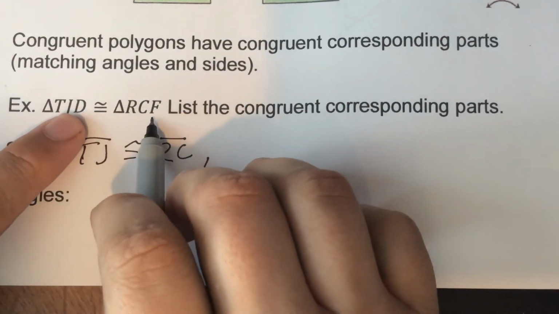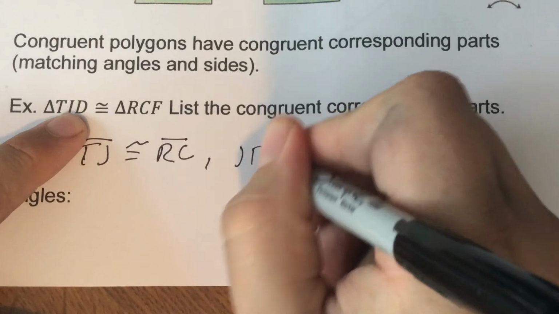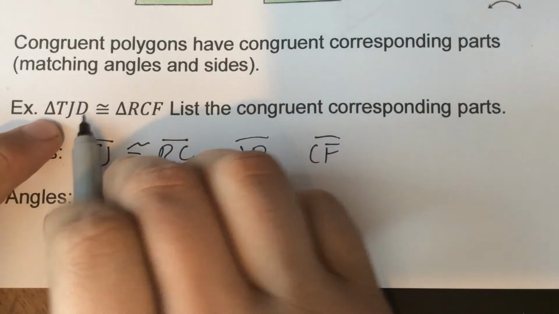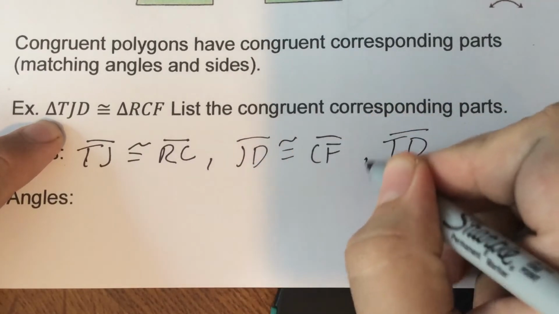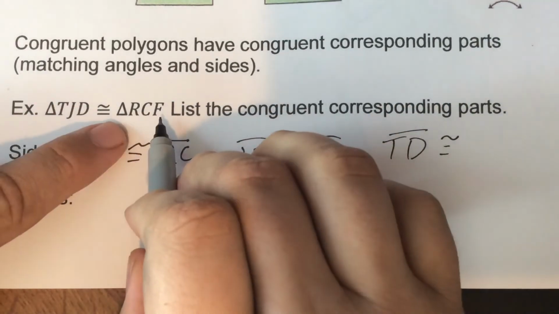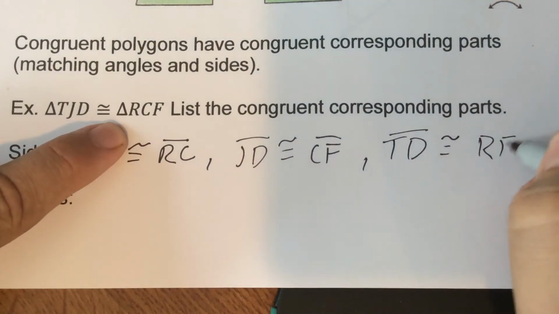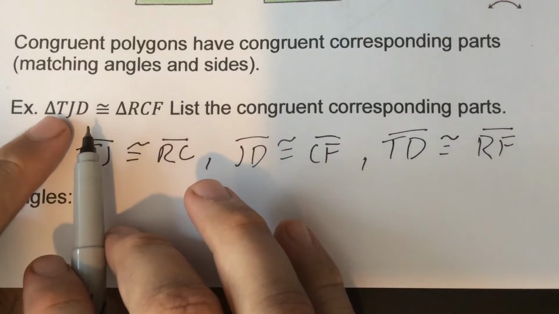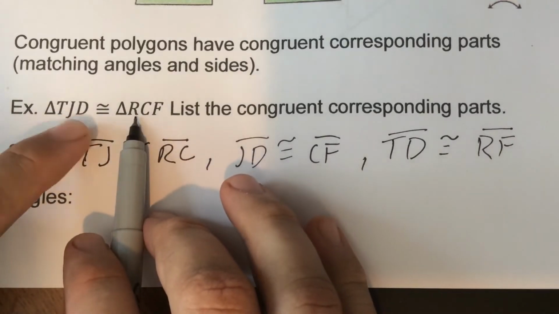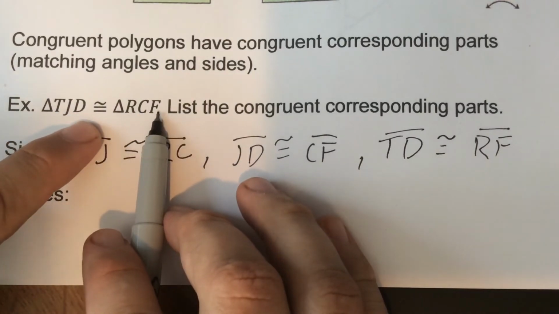Another set would be JD and CF. And lastly, TD would be congruent with RF. So notice how the T and the R match up, the J and C match up, the D and F match up.